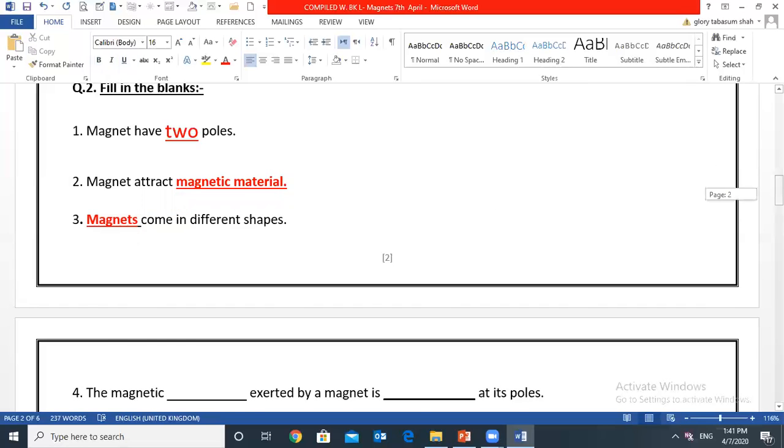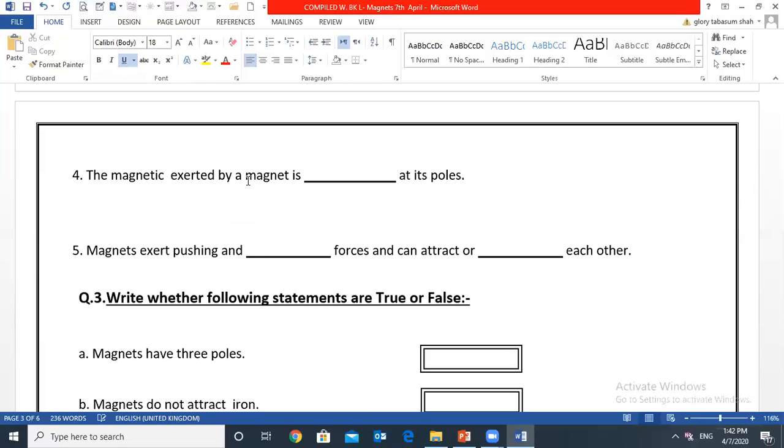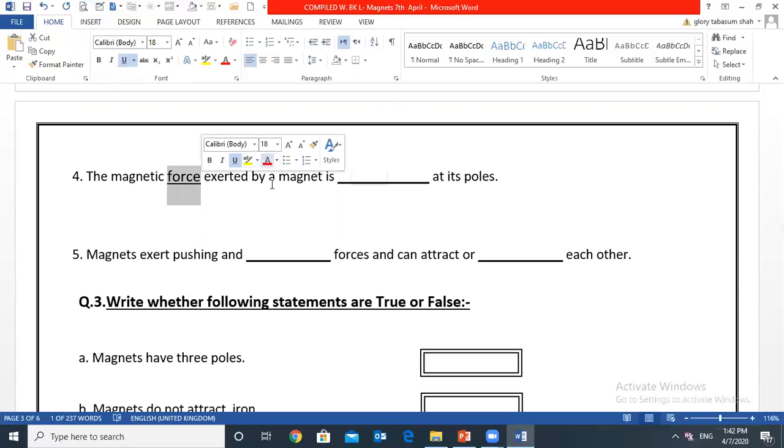Okay. Number 4. The magnetic dash exerted by a magnet is dash at its poles. The magnetic force. Magnetic force exerted by a magnet is dash at its poles.